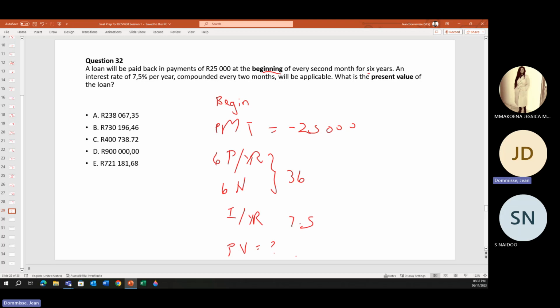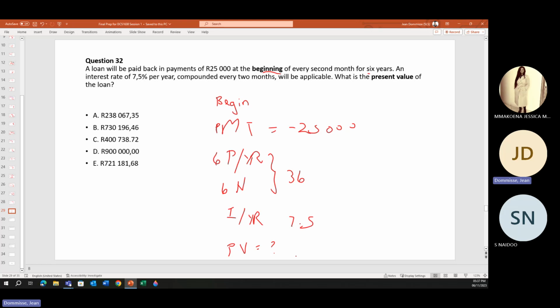On your calculators, remember to change it to begin. Then PMT is minus 25,000, 6 times a year for 6 years, so that gives us a total of 36 periods, 7.5 interest.